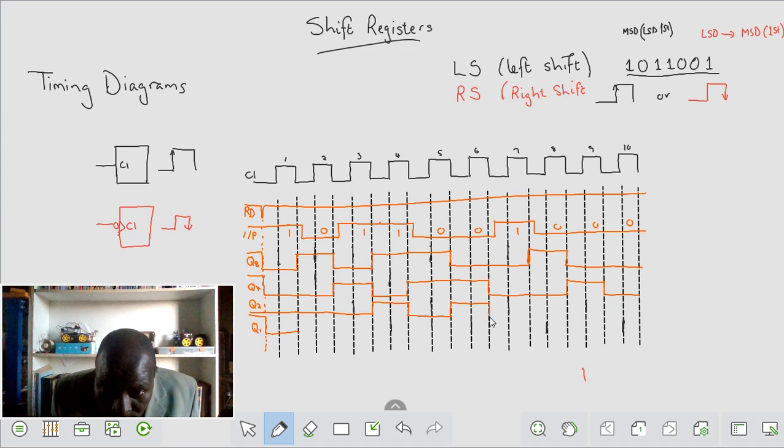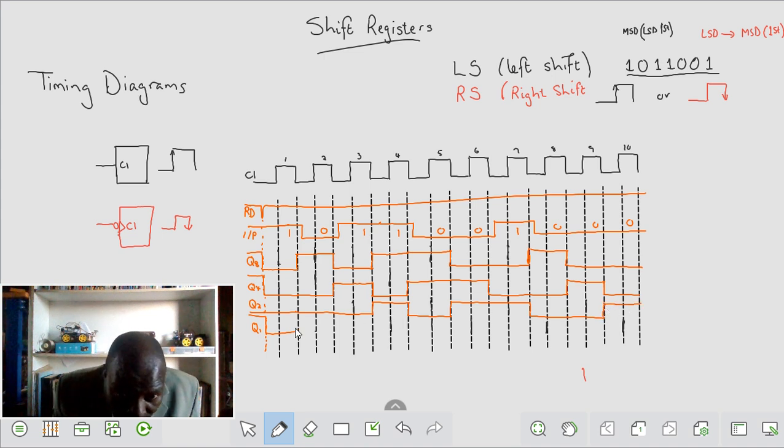Then it's fed 2 zeros. It's fed a 0, it's fed a 1, it's fed a 1. What did I do? When did this come in? Okay, I'll come back to that. This is fed a 1 across, fed a 1 across, fed a 0, fed a 0, fed a 1.